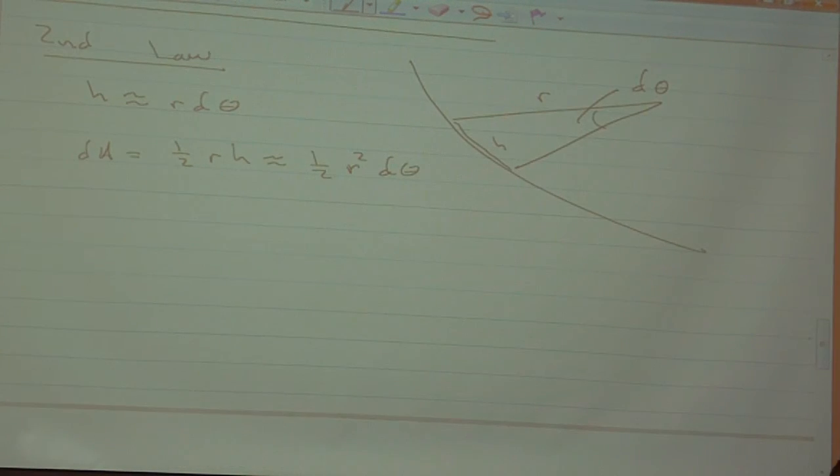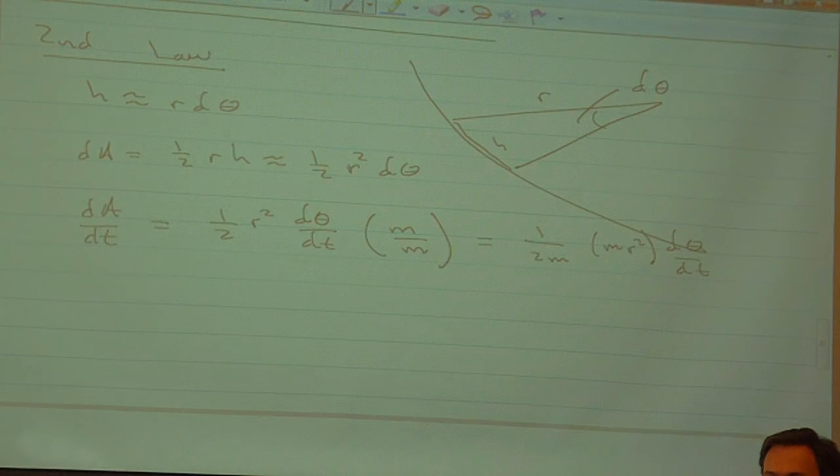All right. Now, let's take dA dt. So dA dt is 1/2 r squared d theta dt. And let's multiply by 1 in the form of m over m. And so what I have is 1 over 2m times m r squared d theta dt.